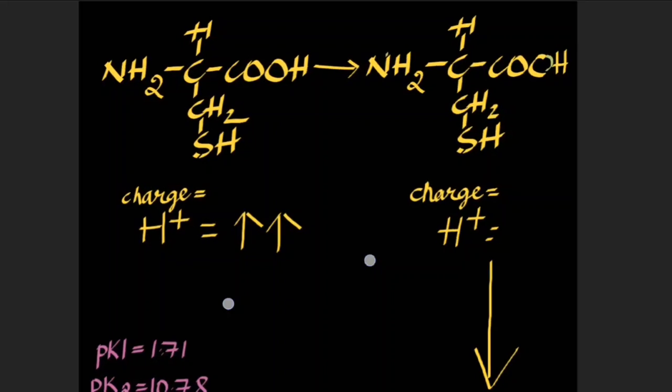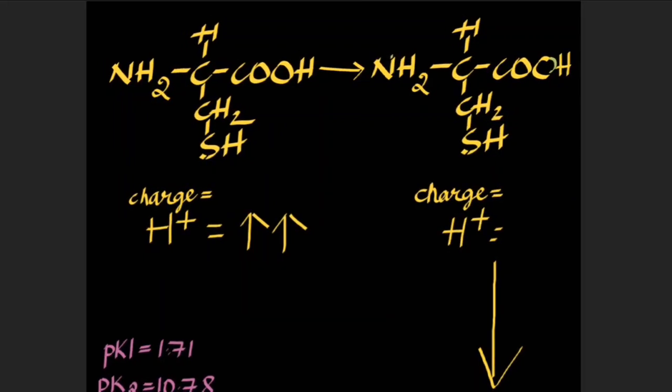So what will happen if an amino acid is present in an acidic solution is it will accept one hydrogen ion. That means it will undergo protonation. Which particular group will undergo protonation? Because this already has an H, this already has an H, there could be a possibility that this could gain one hydrogen ion.